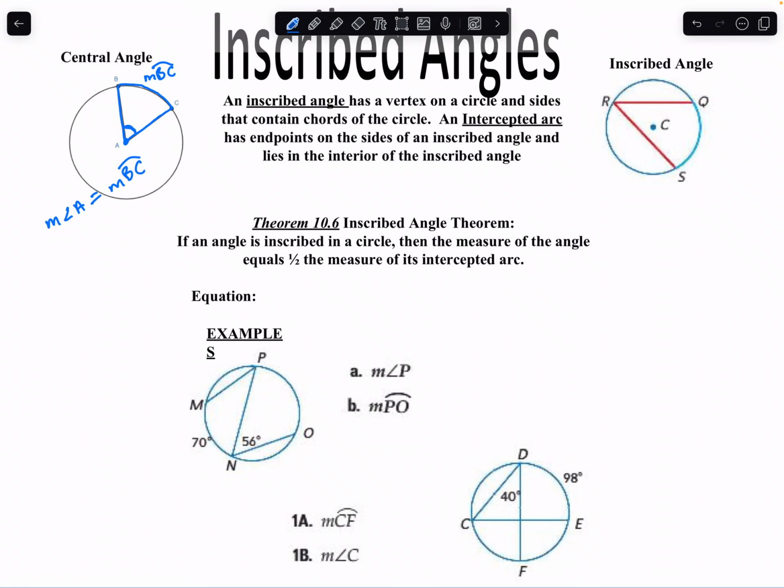On the right side, an inscribed angle is defined where the angle lands on the circle. So it's not from the center. And instead, it creates a different relationship. Since it's not in the center, angle R will now be half of the angle from Q to S, from here to here.